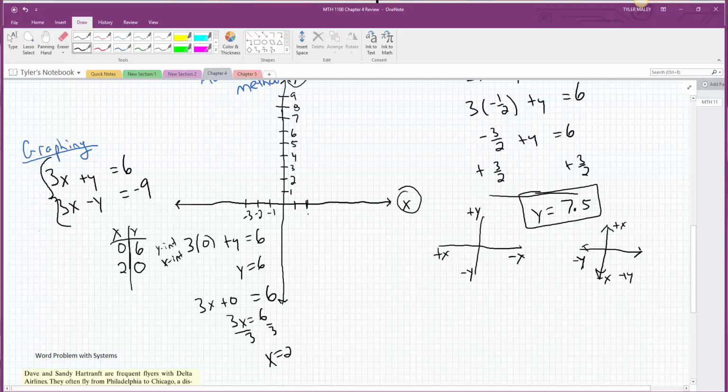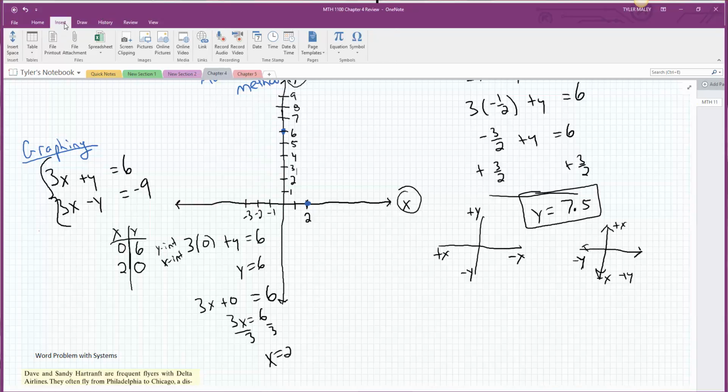So let me do this in another color. This is the point (2, 0), and (0, 6) is here. Then a line connecting those will give me my line. I don't have a digital ruler I can use here, but let me see if I can insert a line.